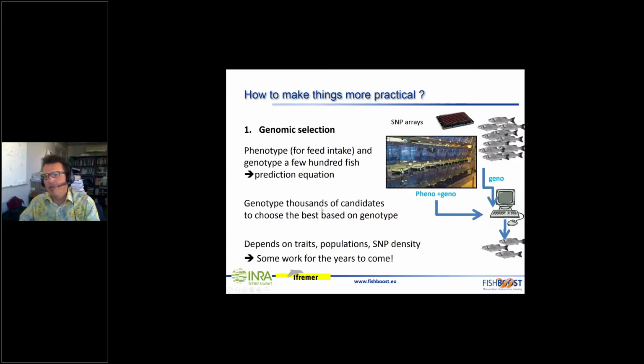So with a few hundred fish, we could establish the equation and then genotype many fish, this would also make things much easier. But of course, the ability to do this depends on the traits, on the populations, on the SNP density. So we still have work to do to make this practical and know if we can use genomic selection to select for feed efficiency.